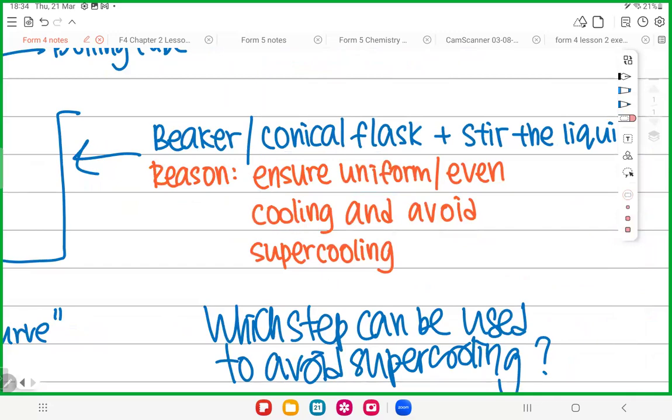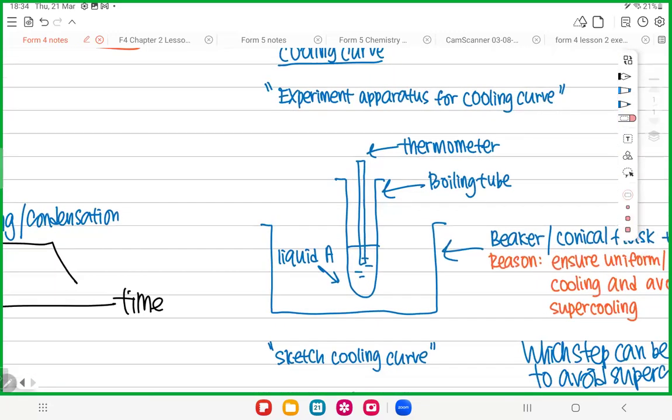Okay, one more thing. Normally after we put the beaker or conical flask, we do one more thing. Thermometer, we kacau also. Why do we need to stir the liquid with the thermometer? Because when the thermometer stirs the liquid, you can ensure the whole liquid's cooling process is uniform. Let's say today I go to drink Milo ice.